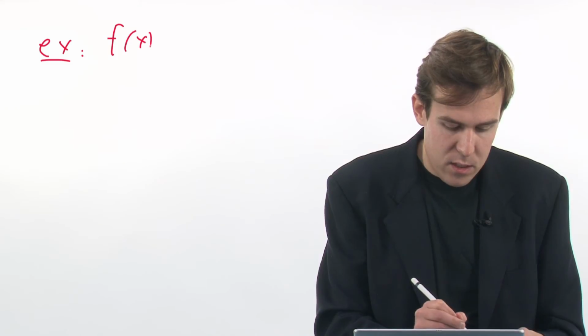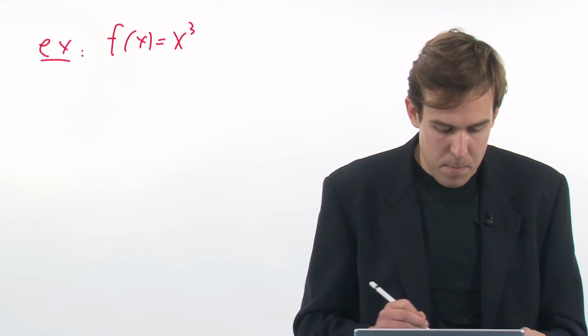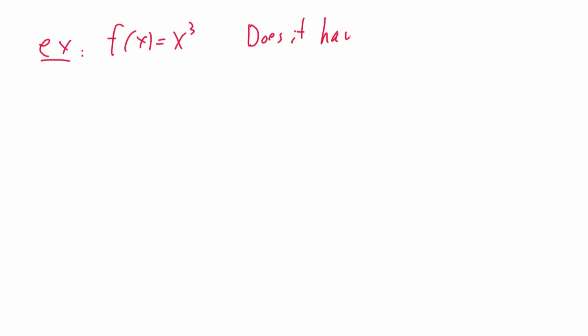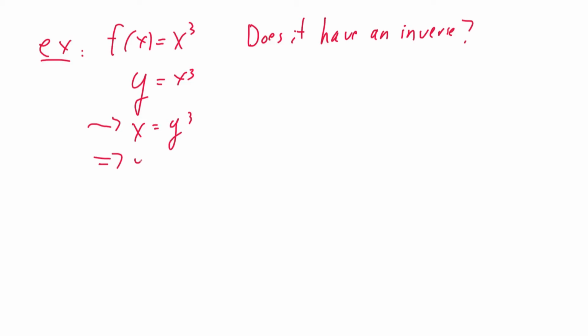Let's look at one more thing like this. Let's take f of x equals x cubed. We'll say, does it have an inverse? We'll try. So y equals x cubed. We switch the roles of x and y. Well, y should be equal to the cube root of x. What's the picture for that?